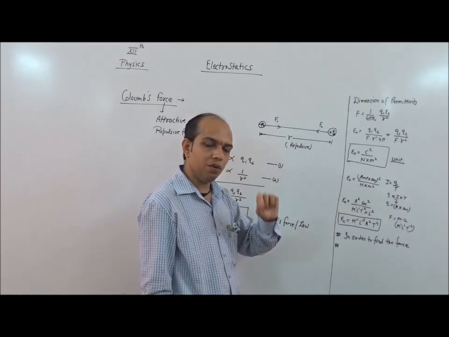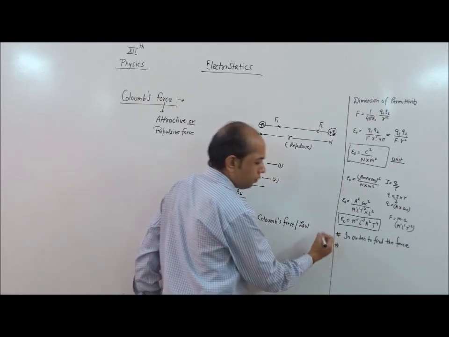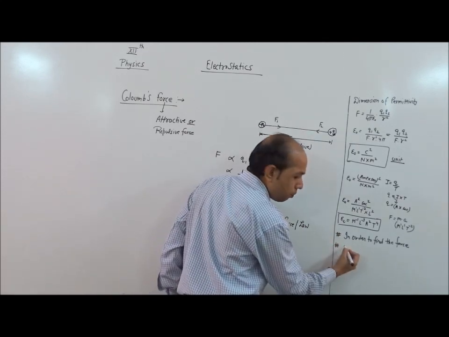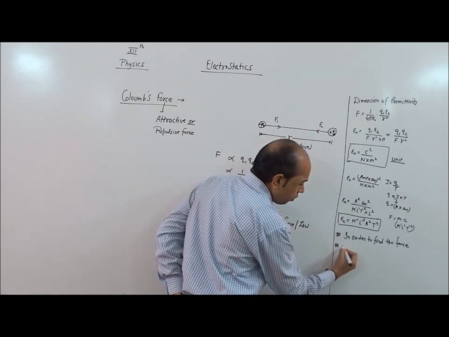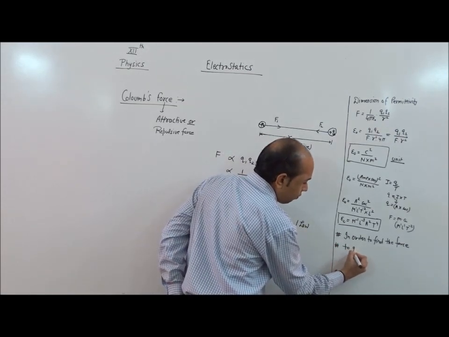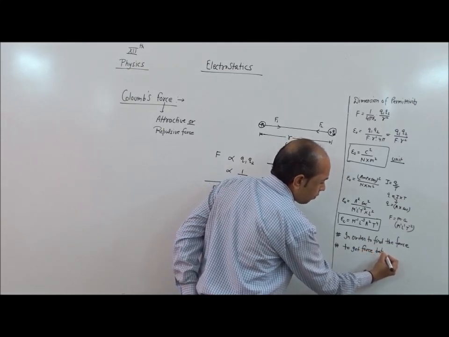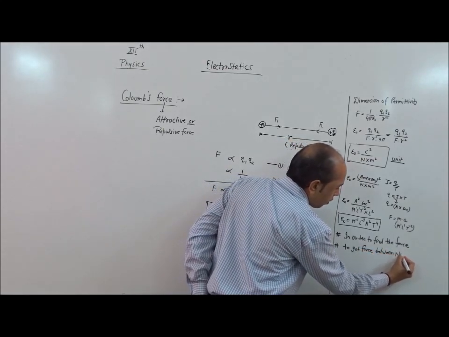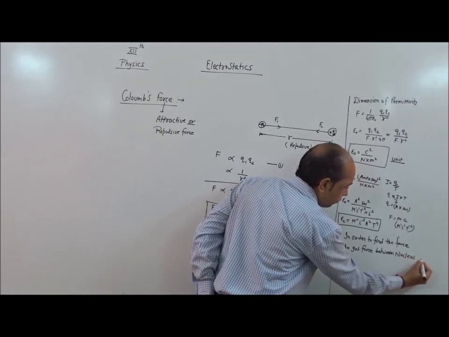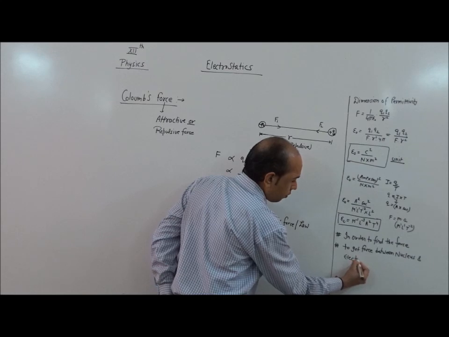Between the nucleus and electron, one more force is there. This force is again from Coulomb's law. So this is the physical importance of this law, to get the force between the nucleus and electron.